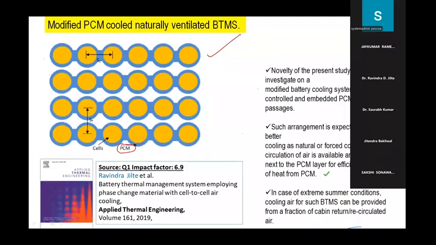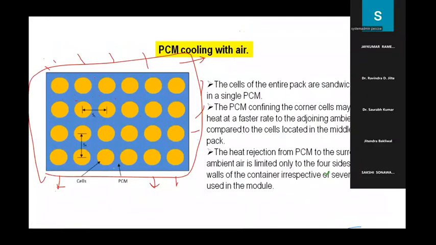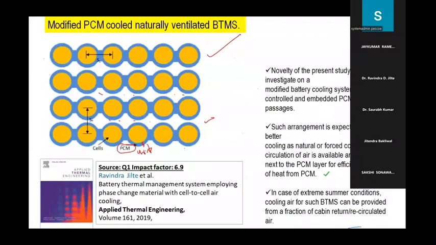Since the thickness of this PCM is very small, we can find it has tremendous heat transfer area available for dissipating its heat to the air compared with the first arrangement like this.